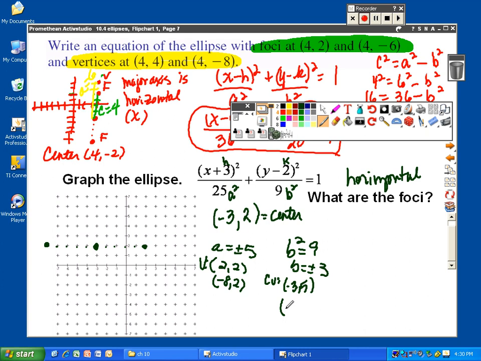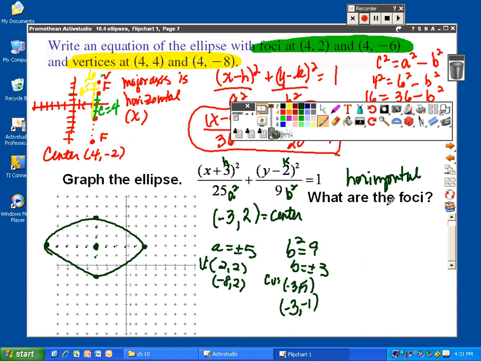Negative 3, negative 1. Let's plot that and see. If I go 3 above, 1, 2, 3, that is negative 3, 5. And if I go 3 below, 1, 2, 3, that is negative 3, negative 1. And now I should be able to generate an ellipse. The only thing missing are the foci.